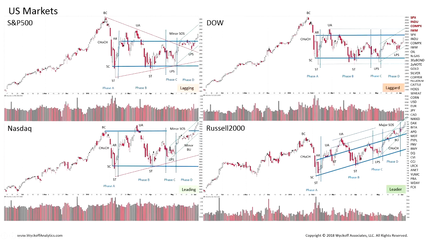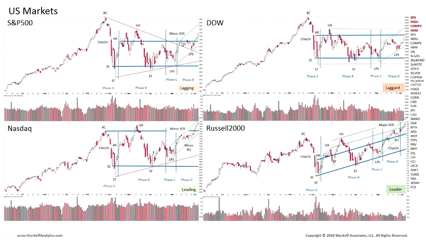We can see this very large pivot in the S&P 500, where there's a very wide volatile period. This is all phase B right here. Look at the volatility. Then as we get into phase C, which is the final testing phase, and then phase D, the markup has already begun.